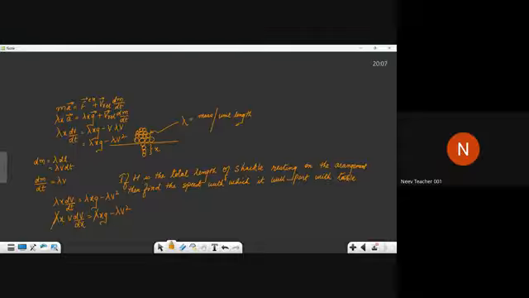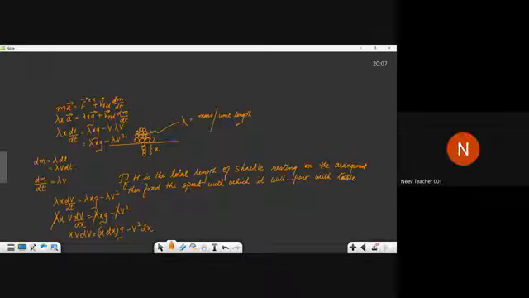Lambda we can get free of. Xv dv is equal to xg minus v square, dx. Check it out, class.